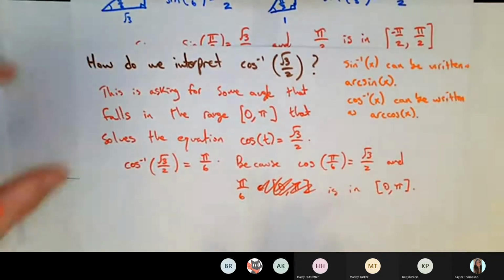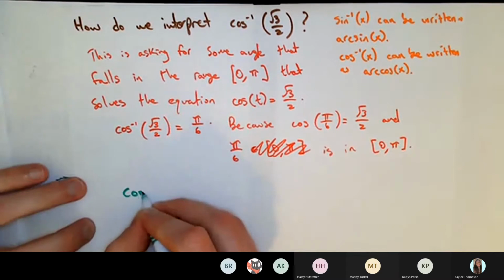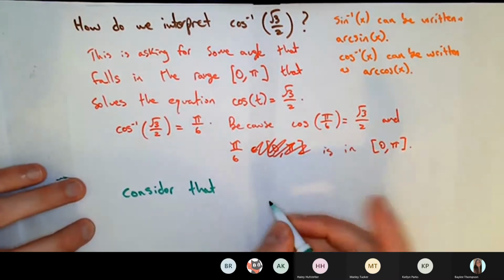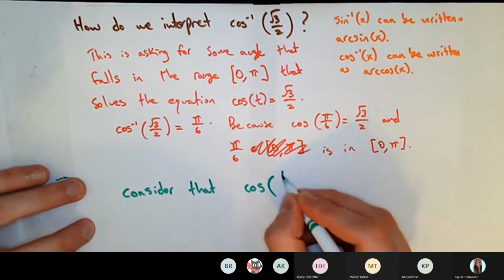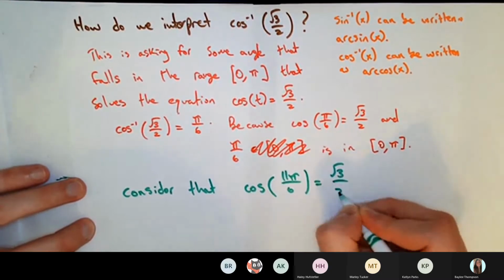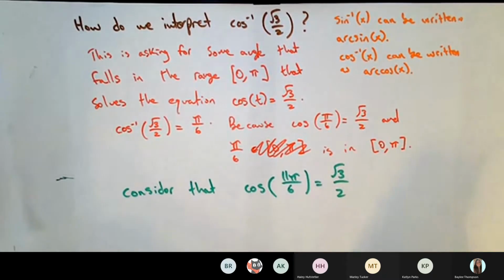Okay, so I keep making this big deal out of it needing to be in the range. Why is that a big deal? Well, consider that cosine of 11 pi on 6 also equals square root of 3/2. And if you don't believe me, you can whip out the unit circle and confirm.